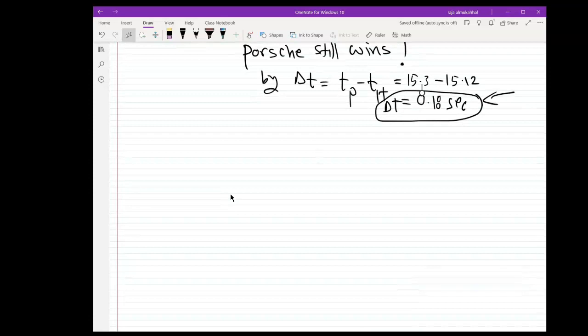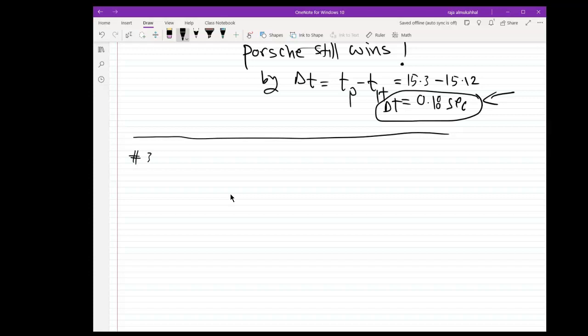Here's a problem. You can think of it like a review from the topic that we covered in the previous lecture. Problem number 35. I'm going to do 35 and 36 from chapter 2. It says that the position of a particle is given by the function. Remember we talked about the function x of t?